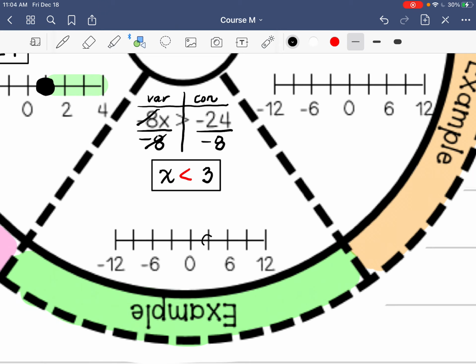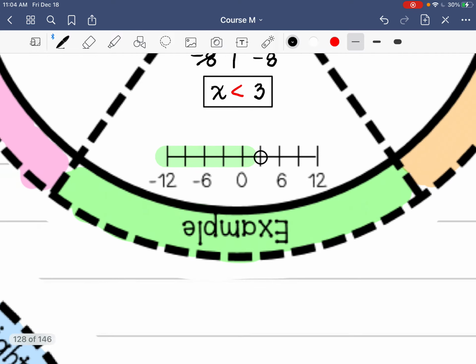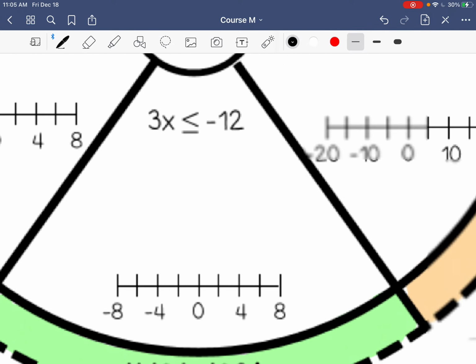So we will draw the interval at positive 3. It's open, but you need to go less than that interval. Your turn. If I were using this in a high school class, I would let you guys do this one. But since I'm doing them with you and you can't talk to me, I'll just go ahead. But if we were in a high school math class, I would say, okay, everybody work this one and see what you get.